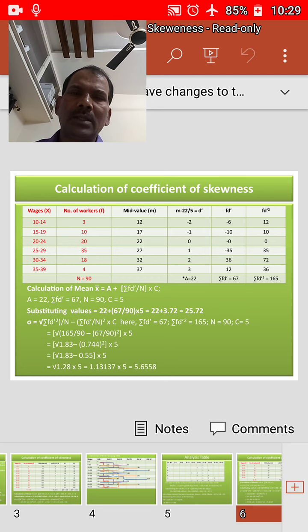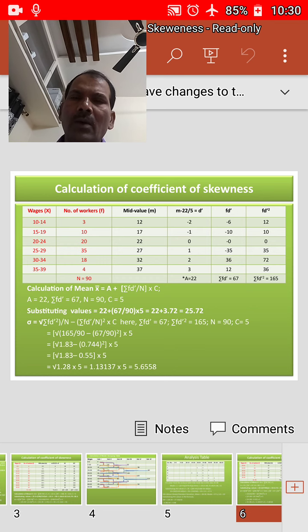That is (m minus 22) by 5, that is 12 minus 22, you will get minus 10 by 5, which is minus 2. 17 minus 22 is minus 5 by 5, which is minus 1. 22 minus 22 is 0, 0 by 5 is 0. 27 minus 22 by 5, 5 by 5 is 1. 32 minus 22 by 5, 10 by 5 is 2. 37 minus 22 by 5, 15 by 5 is 3.